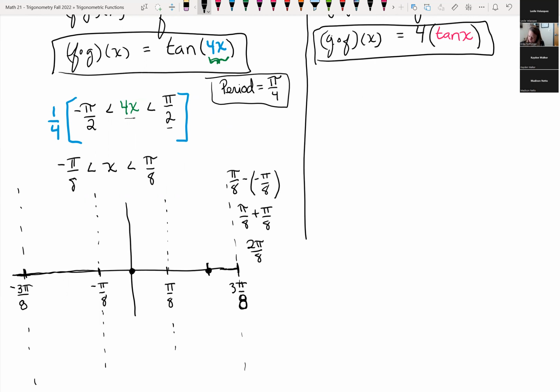At the halfway mark between pi eighths and 0, this was pi 16ths, that would give us 1. And at negative pi 16ths, we're going to have negative 1. So we're getting our graph of tangent of 4x.